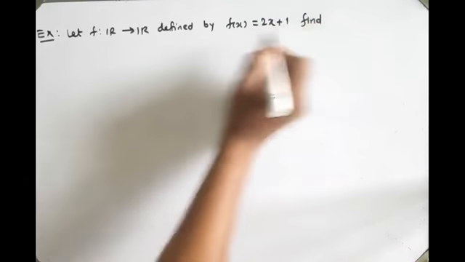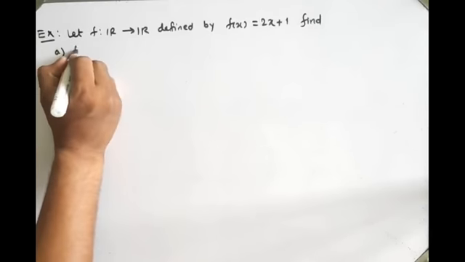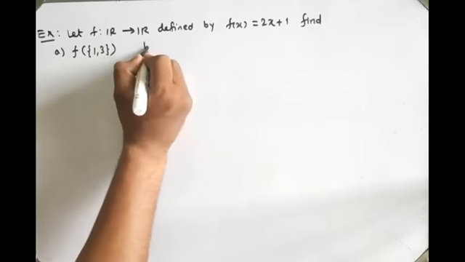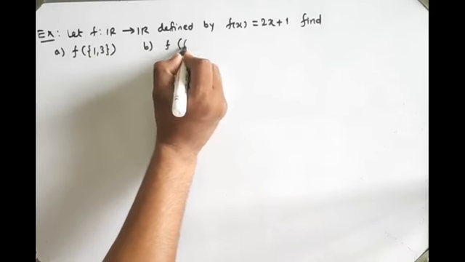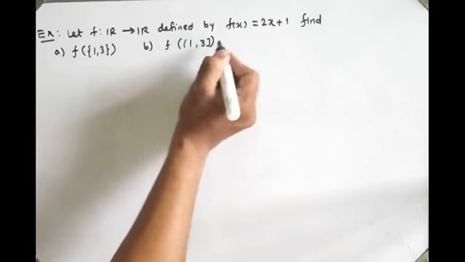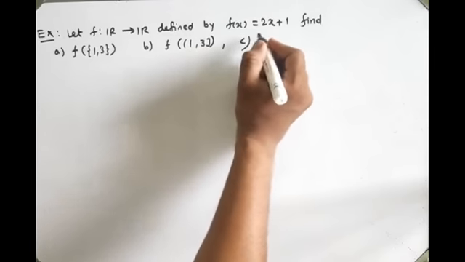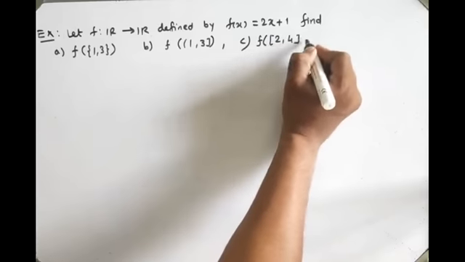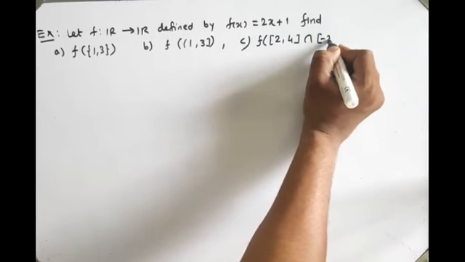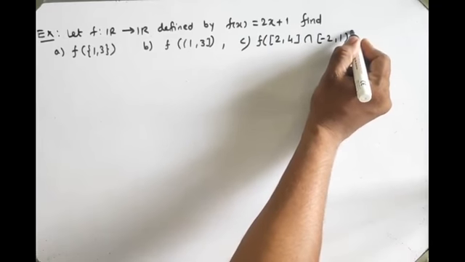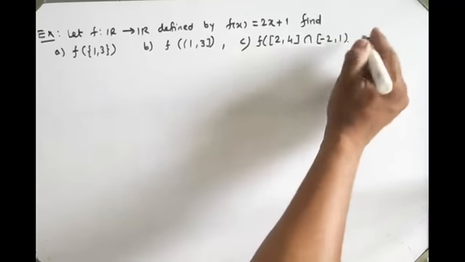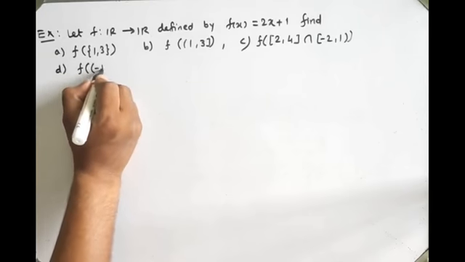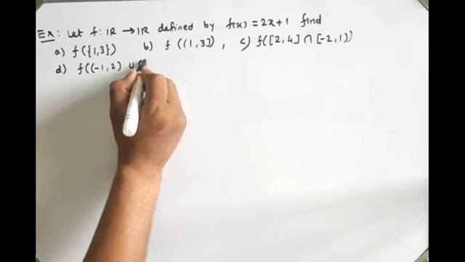Then find out first, image of the closed interval [1, 3]; second, image of the half-open interval (1, 3]; third, image of [2, 4] intersection (-2, 1), an open interval; and last, f of (-1, 2] union [1, 4).